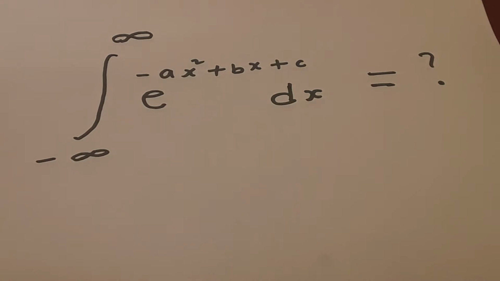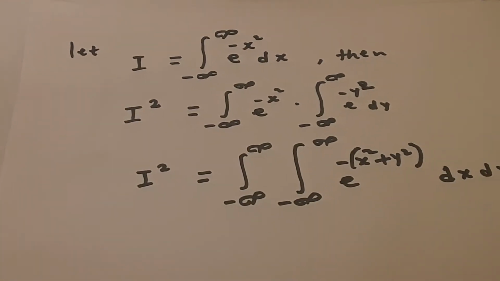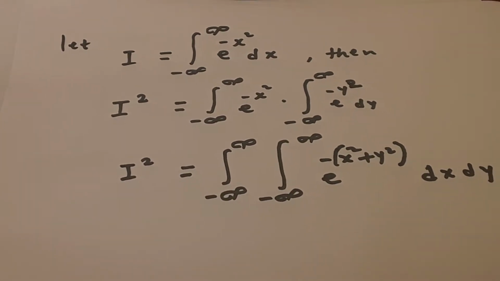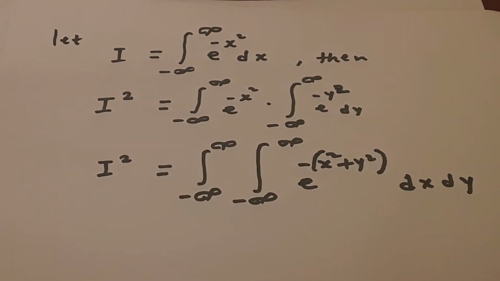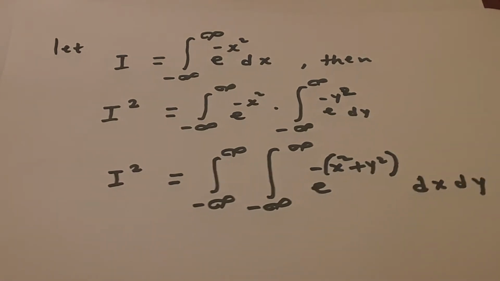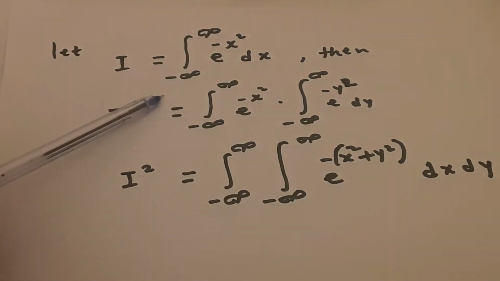Before that, let me remind you about the Gaussian integral. You remember the Gaussian integral, also known as the Euler-Poisson integral. We have the integral from minus infinity to infinity of e raised to minus x squared dx.